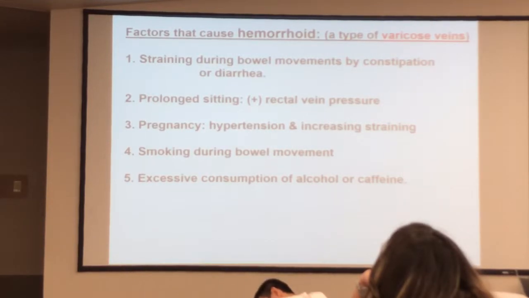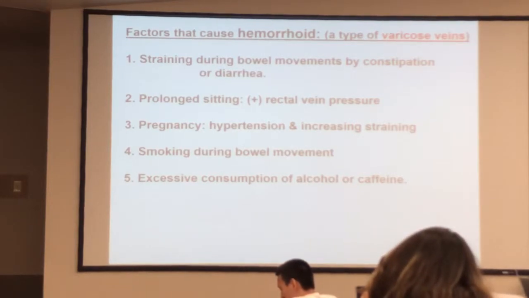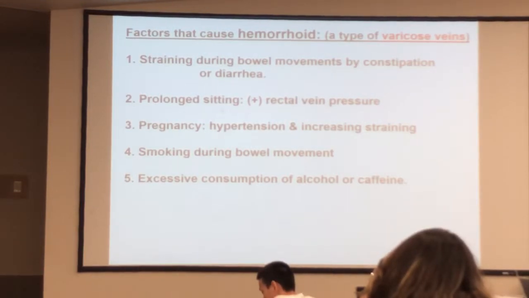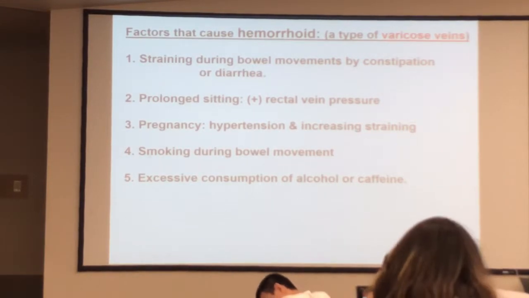And the other one is in the anus area. This slide I showed you before. If you are a person who sits for a prolonged time, you increase the chance. Or pregnant people, or if you smoke.